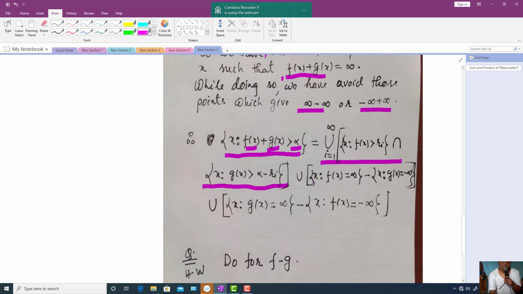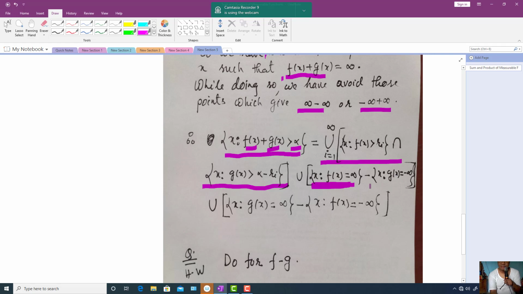Since it is an extended real valued function, we have to include the points where infinity also occurs. So you have to include x such that f of x is equal to infinity. In an earlier example we proved that the set of x such that f of x is equal to infinity is a measurable set. From this measurable set, some points may give you g of x equal to minus infinity.